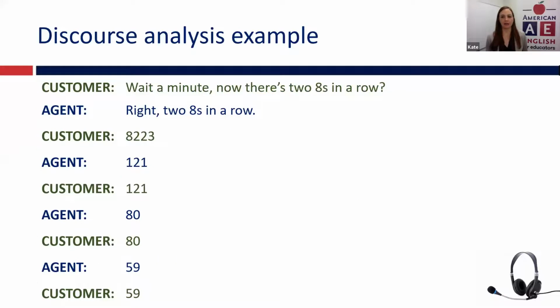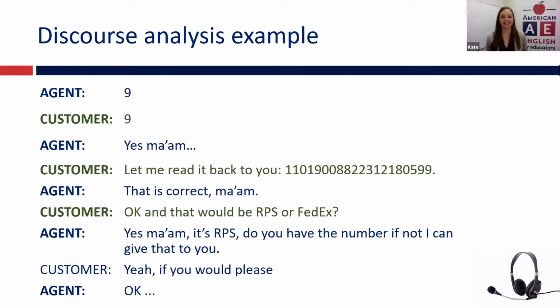Wait a minute. Now there's 2 8s in a row. Right. 2 8s in a row. 8223. 121. 121. 80. 80. 59. 59. 9. 9. Yes, ma'am. All right.